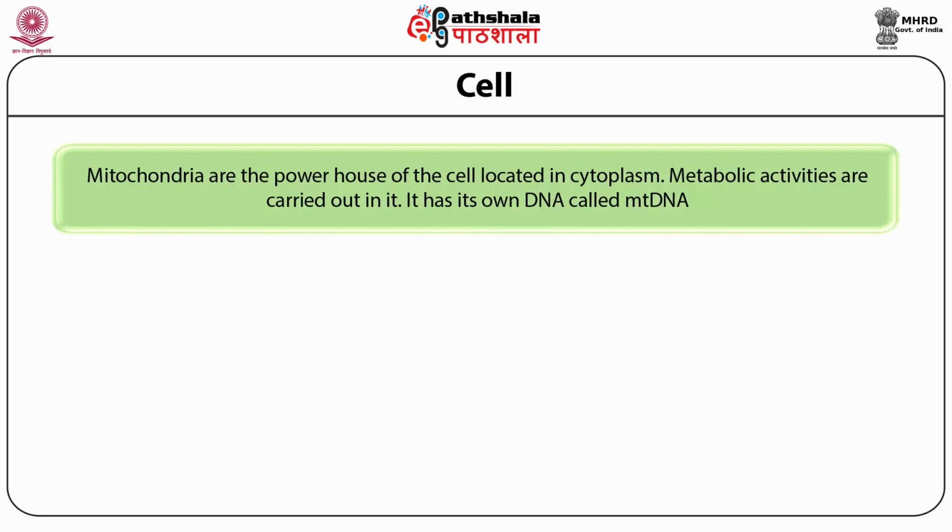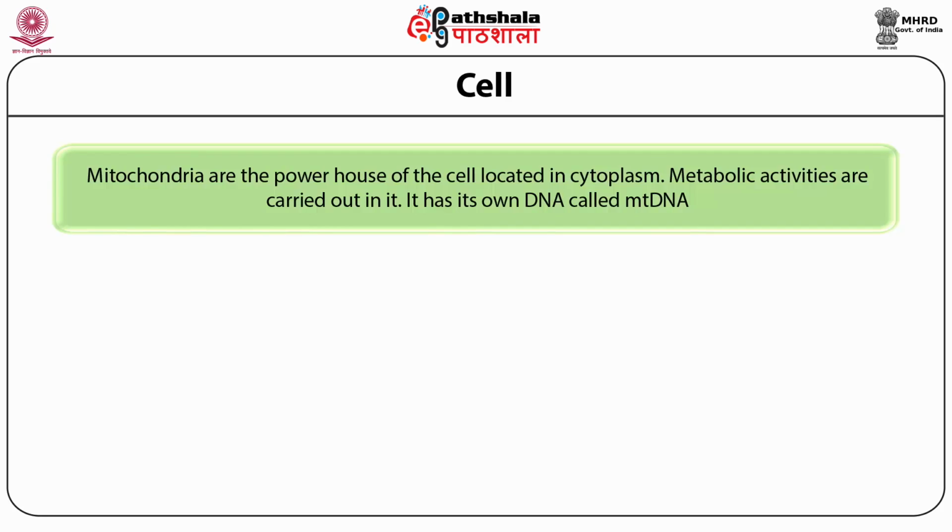Mitochondrial DNA is an important tool for evolutionary studies. It follows the maternal line of inheritance, that is, inheritance from mother to her progeny only. This is because the father's mitochondrial DNA does not get involved in zygote formation.